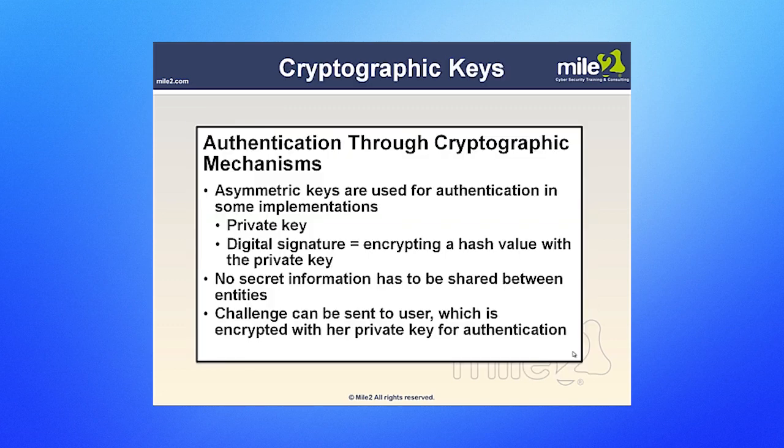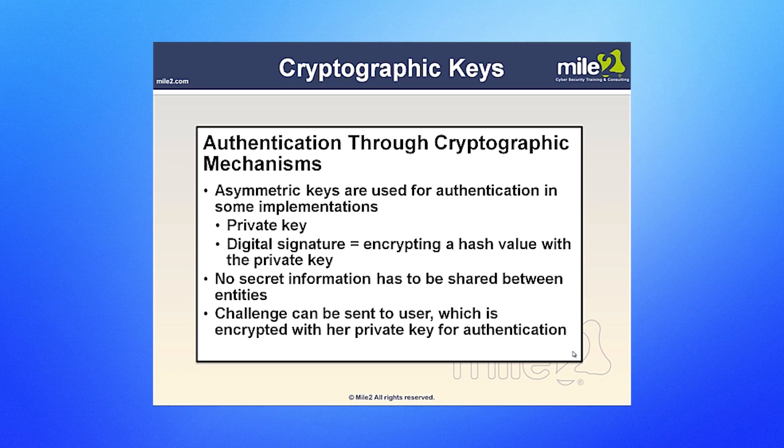Cryptographic keys, that's pretty generic. We see authentication that may require some sort of cryptographic mechanism. And with this, we're talking asymmetric cryptography, which means a public and a private key. The examples shown here use the private key, which again, the military use a lot, the public and private key concept for many functions.